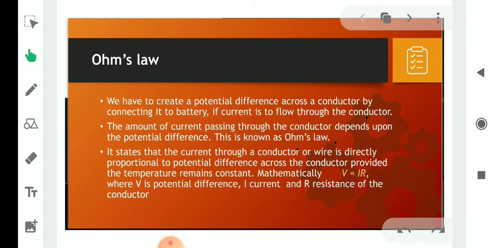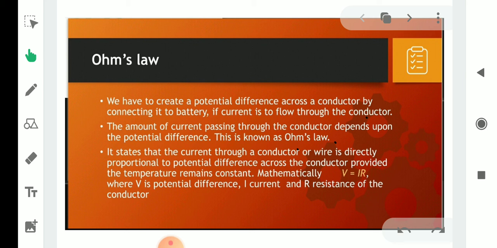So how are electric current and potential difference related to each other? Yes, in the earlier class you had studied that current flows in a conductor when a potential difference is maintained across its ends.